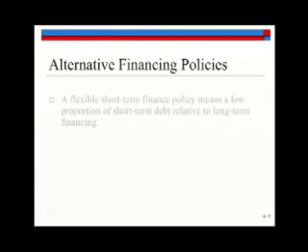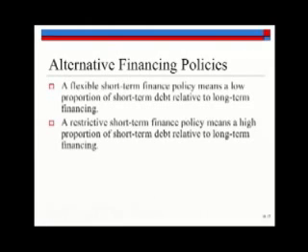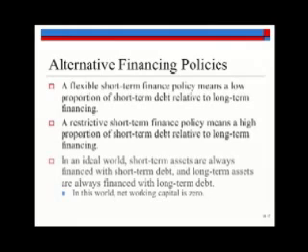Now let's talk about alternative financing policies. A flexible short-term financial policy would mean a low proportion of short-term debt relative to long-term financing. And a restrictive short-term financial policy would mean just the opposite, a high proportion of short-term debt relative to long-term financing.